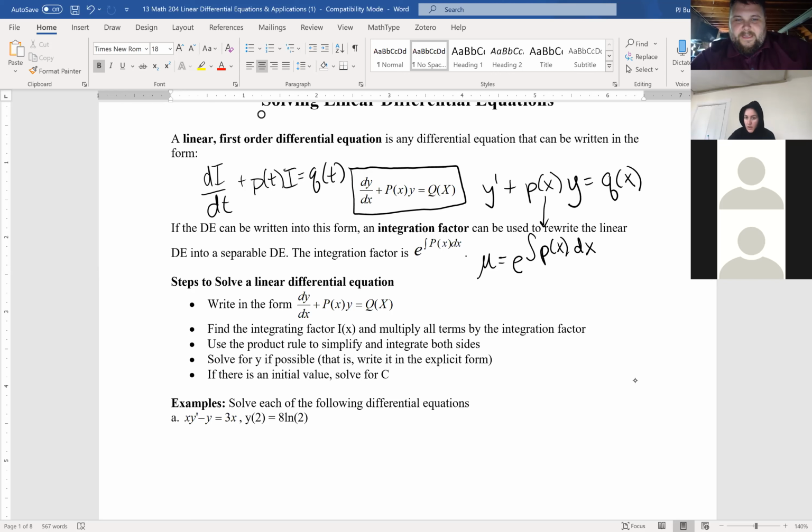Another thing you'll hear me say quite often is the variable of which the differential equation is over. That means, what is this variable? It's basically, what variable is there a derivative of within the problem?